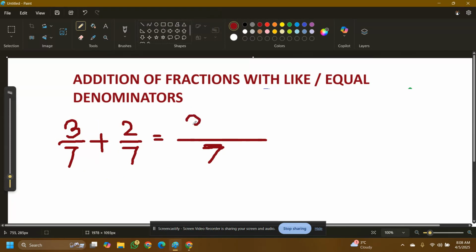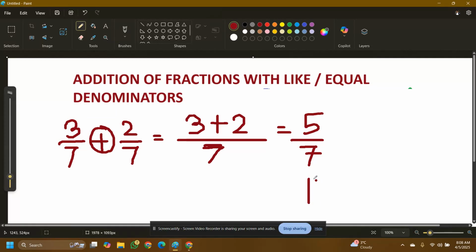And we just put 3 and 2, and the operation which has been used over here is plus. So we use that and the answer would be 5/7. What does that mean?